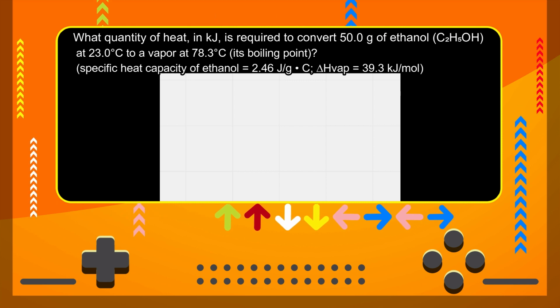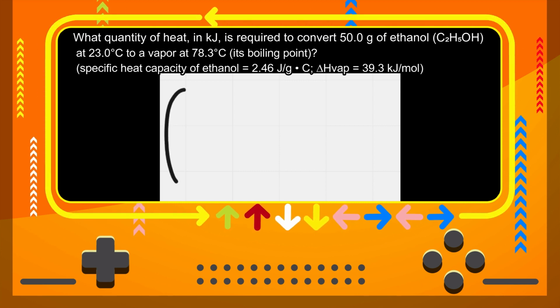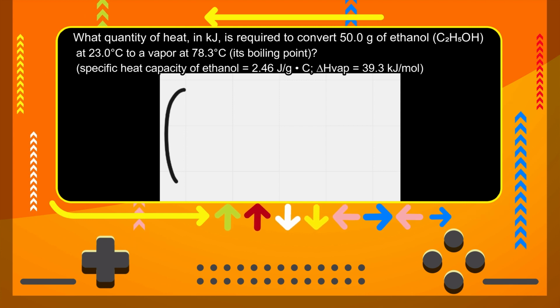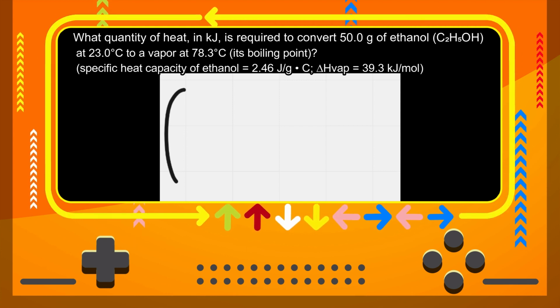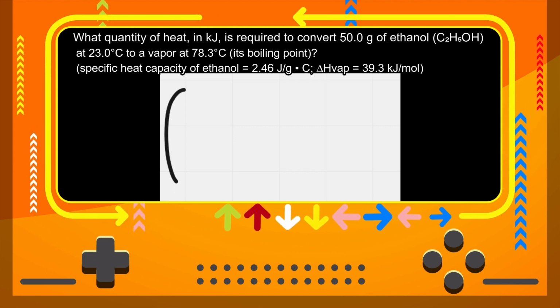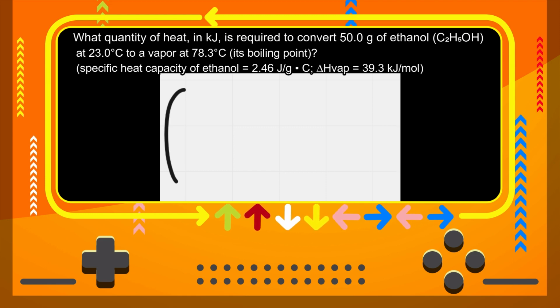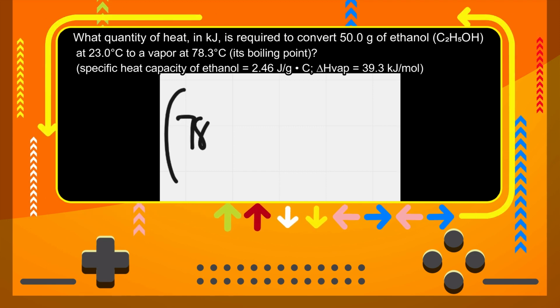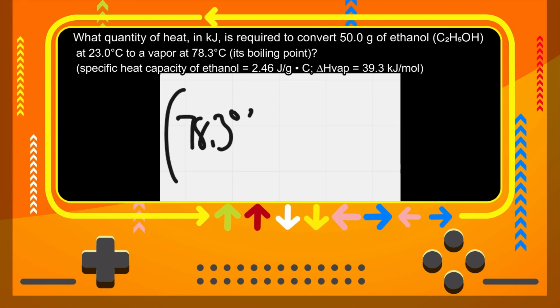Delta T is going to be what? Remember, we're talking about the change in temperature. So anytime we talk about change in something, you're going to have your final condition minus your initial condition. In this case, our final temp is 78.3 Celsius, that's what we're ending with.